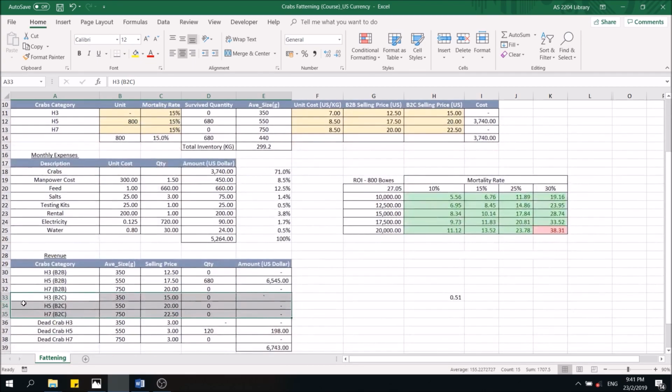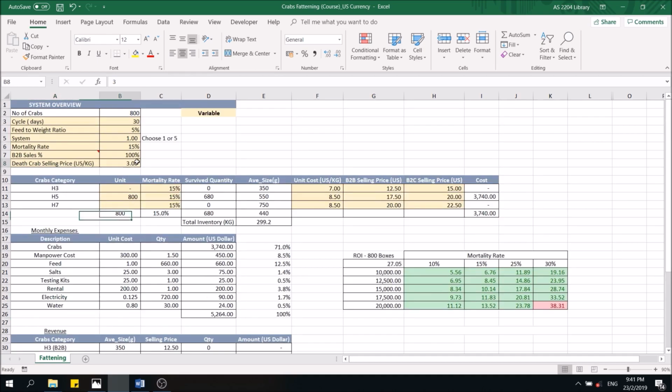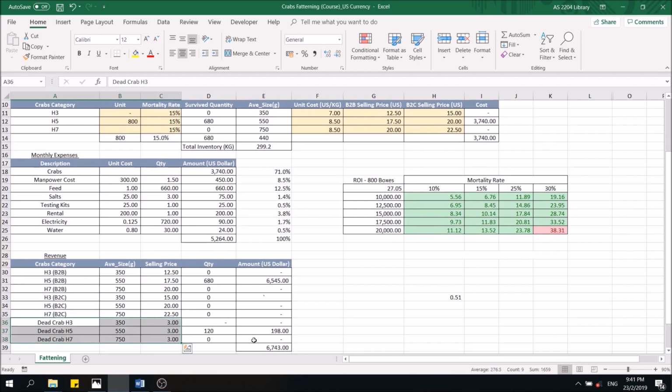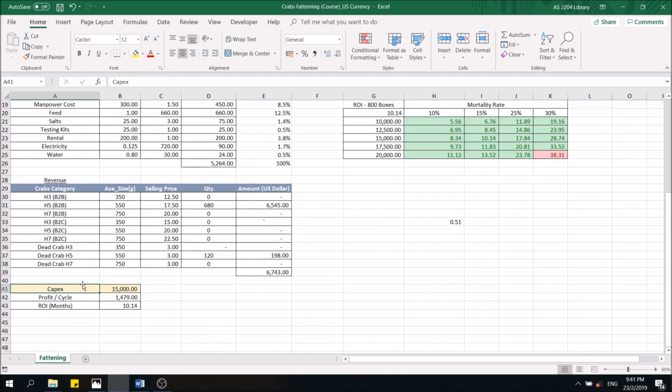Next, we have the revenue from selling dead crabs. As you can see, I have input $3 per kg in my model, and you can see there is revenue from selling dead crab. Okay, next we have capex. For this model, I have assumed $15,000 to set up a 1,000 box system. Next, we have profit per cycle. It means the revenue minus the total cost per cycle, and it will give you the profit per cycle.